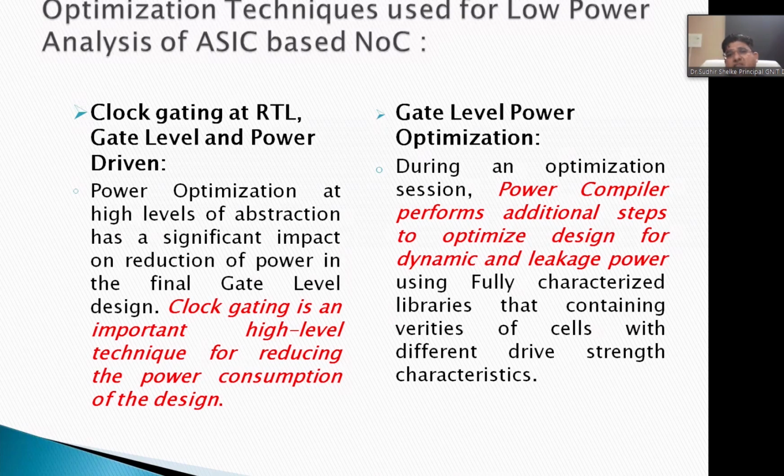During an optimization session, Power Compiler performs additional steps to optimize the design for dynamic and leakage power. So as I told, in that flow, the Design Compiler comes into existence for optimizing the design for dynamic and leakage power, using fully characterized libraries containing a variety of cells with different drive strength characteristics.